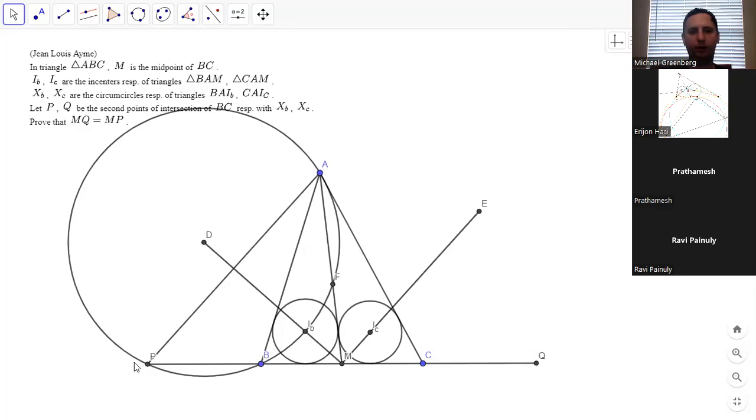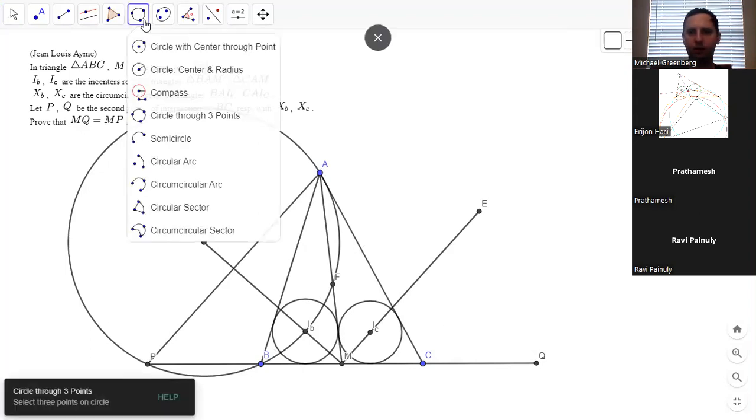So let's do an angle chase. We could try to show circle with diameter BC.